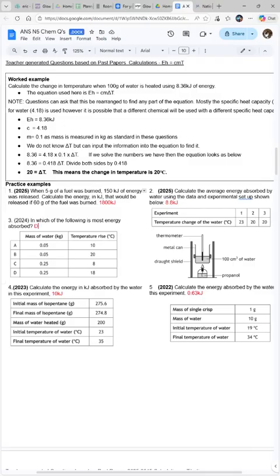Which of the following is most energy absorbed? We are assuming that specific heat capacity doesn't change, so we can completely ignore it. It's the mass multiplied by the temperature change. The mass in kilograms: 0.05 multiplied by 10 is 0.5. 0.05 multiplied by 20 is twice as big, so 1.